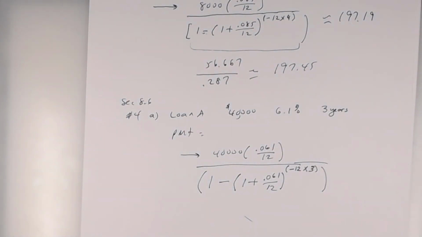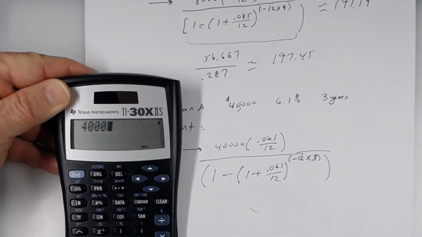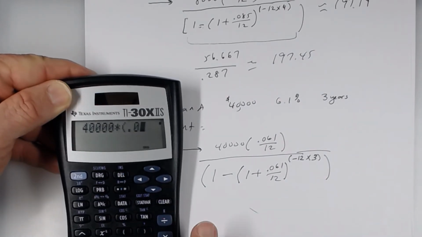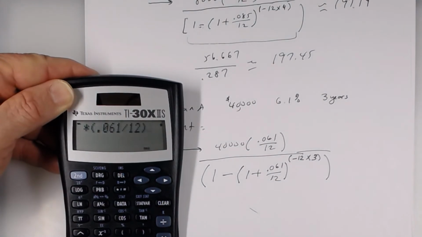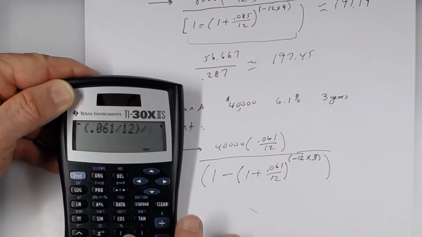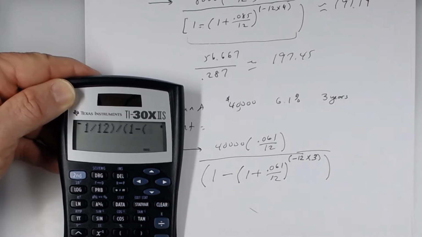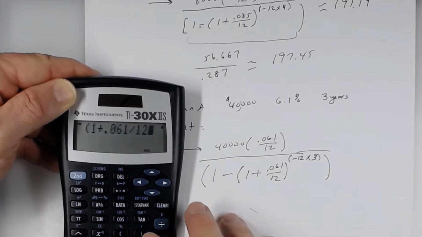So in your calculator, you're saying 40,000 times parentheses 0.061 divided by 12, close the parentheses. Divide, now my denominator. Parentheses 1 minus parentheses 1 plus 0.061 divided by 12, close the parentheses.